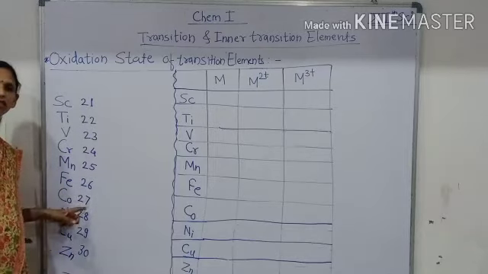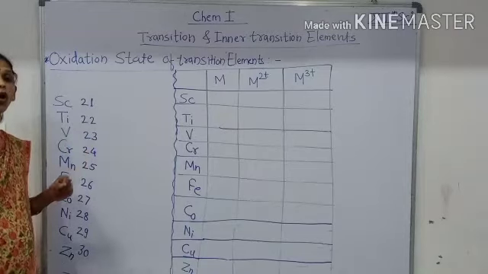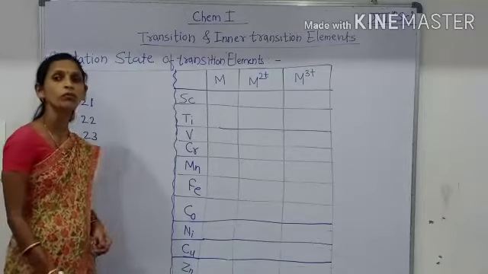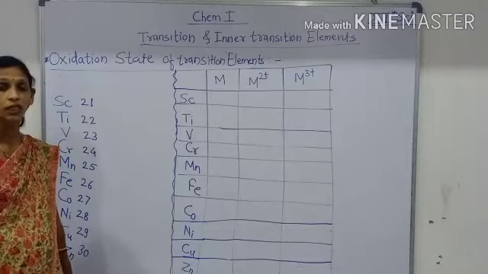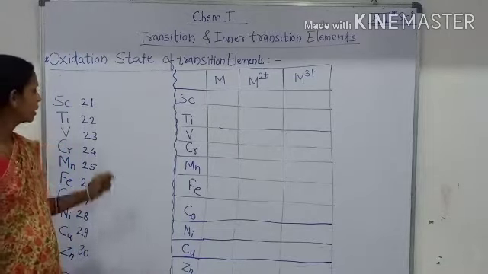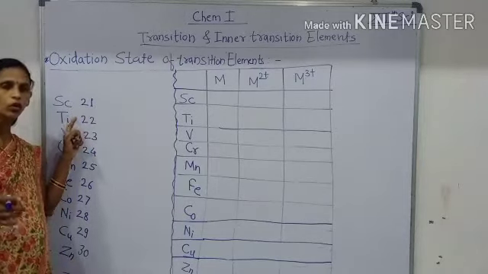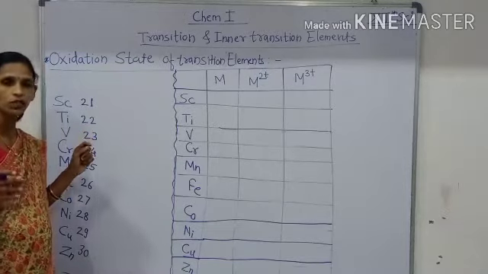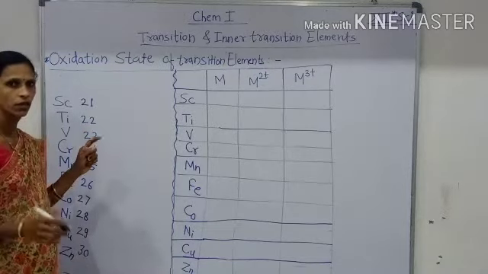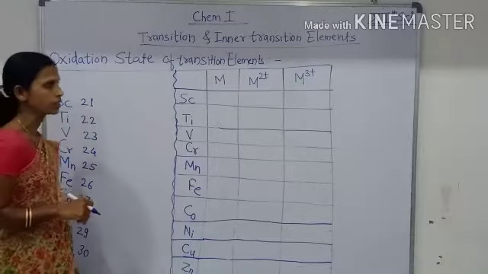The oxidation state of the 3d transition series depends upon the loss of electrons from the 4s orbital and from the 3d orbitals. If the atom of the element loses one electron from 4s, then it forms M+ oxidation state.